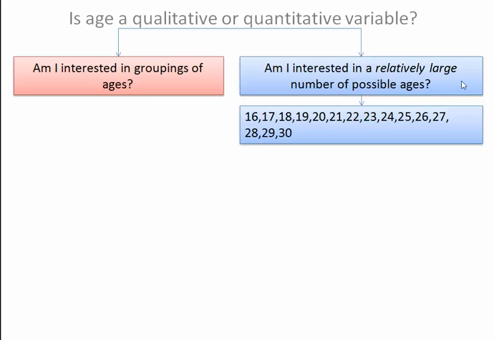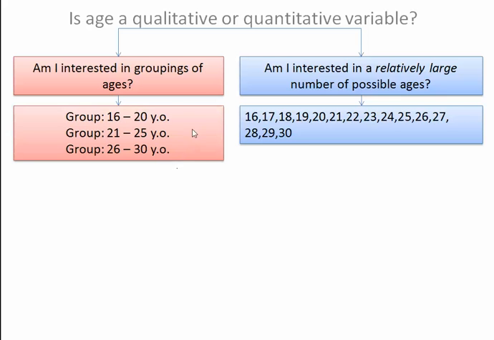In terms of relatively large, that might seem vague, but imagine that I recorded some individuals' ages and the ages ranged from 16 to 30 years old, and I noted it to the whole number a year. This is what I would consider a relatively large number of possible ages. Compared to something like this where I group individuals into categories.